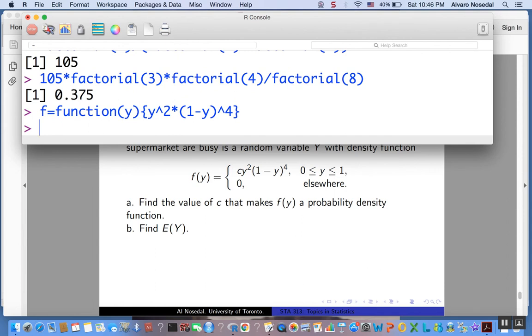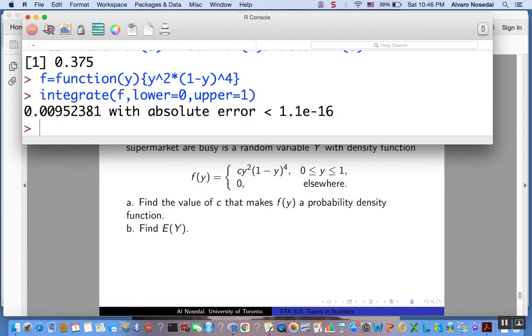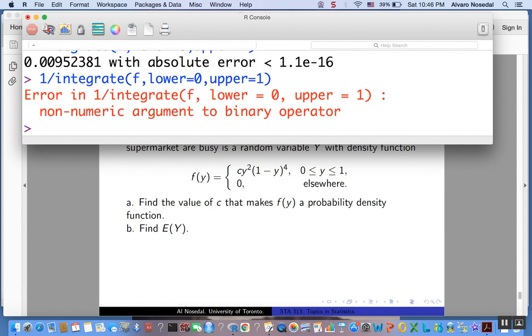Okay. Now I want to integrate f. The lower limit of my integral is 0, the upper limit of my integral is 1. Okay, so that is the reciprocal of c, right? So I guess we could try and do this 1 over that. Oops.